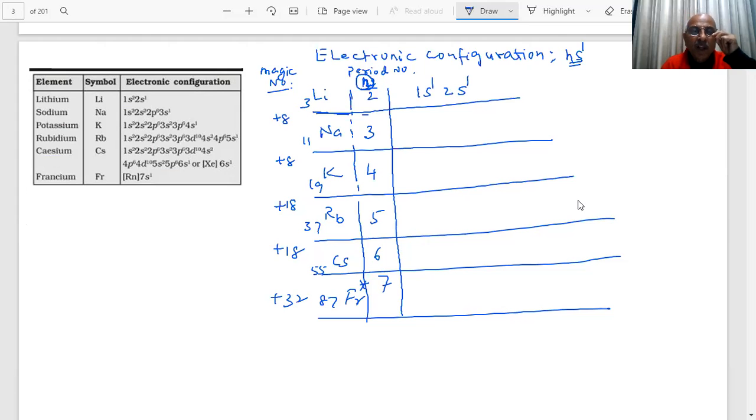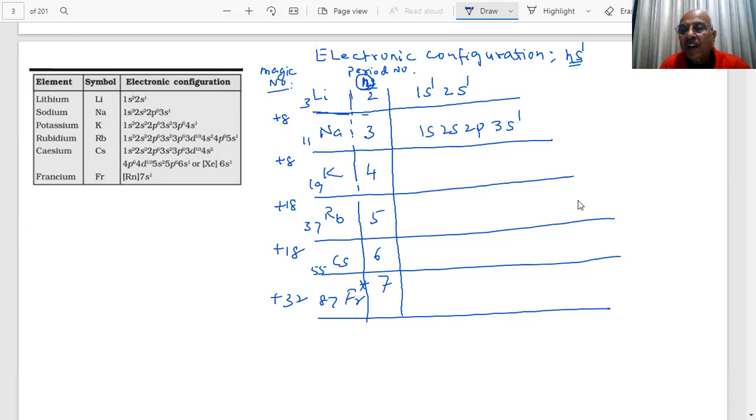Okay. Period number 3 means what is the last one? 3s1. And you have seen how we write the electron configuration. How many electrons are there? 11. So before 3s you have 2p, 2s, and 1s.